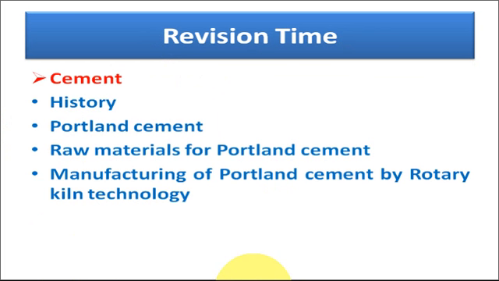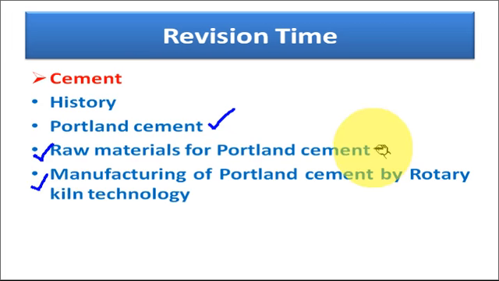This is time for the revision. What we have discussed today: we have started with Unit 4, which includes three topics: cement, glass and lubricants. Today we have started with the topic cement, in which we discussed in detail the Portland cement, and two important topics: raw materials for the Portland cement and the manufacturing process.